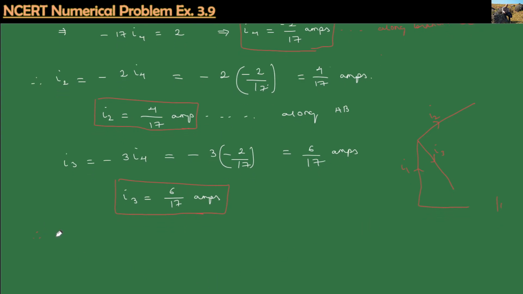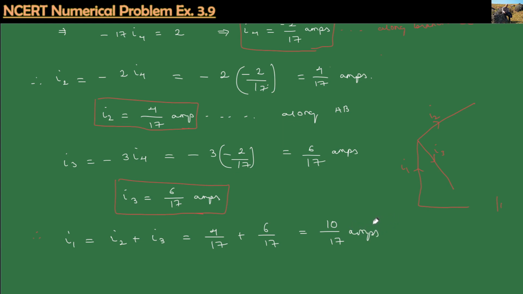So therefore, I1 will be equal to I2 plus I3. How much is I2? I2 will be equal to 4 divided by 17 plus 6 divided by 17. So this will be equal to 10 divided by 17 amps.